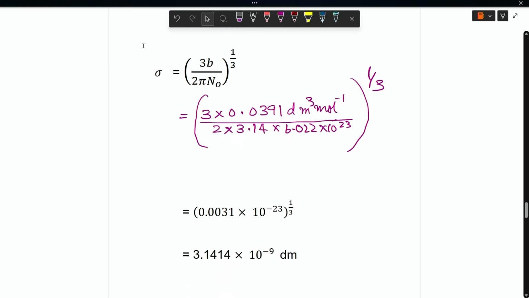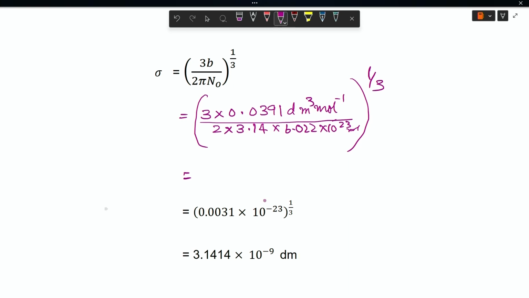When we take the cube root, 6.022 into 10 to the power 23 is the number of molecules per mole. Now, this will give you the answer as it is written here. On calculating I will get 0.0031. I haven't included 10 to the power 23.